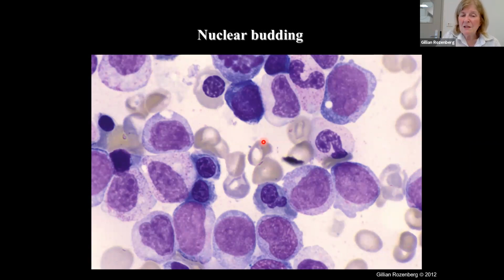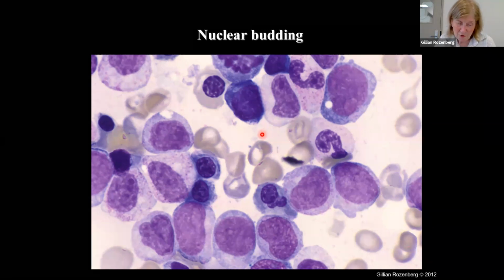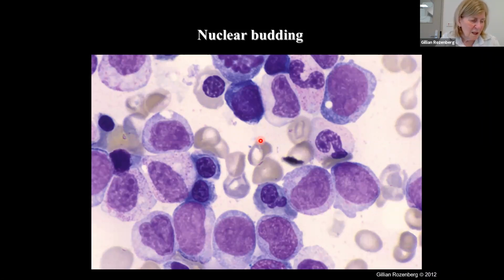So I just perhaps should say to you at this point in time that myelodysplastic syndromes, most of this talk comes from the 4th edition of the WHO classification of myelodysplastic syndromes. The actual WHO book was written in 2008.